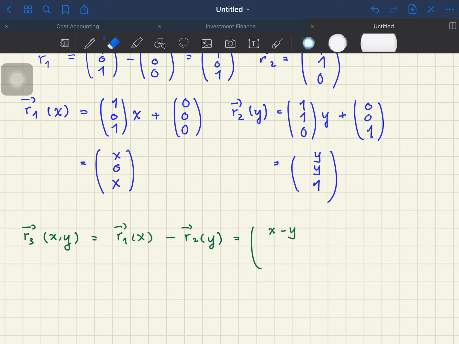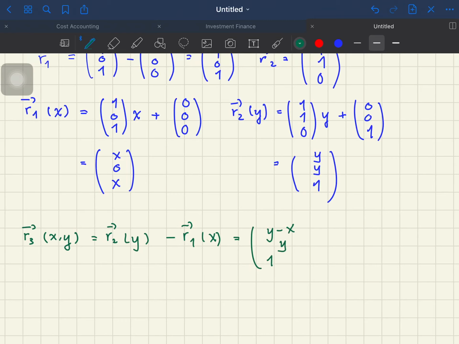Because of negative numbers, I would rather say that this is R2y minus R1x. This will be better. This will be somehow convincing. And then what we have right now is just the single vector R3 in terms of x and y. We do not know what x and y are, but we must know the relationship. We are able to derive the relationship between x and y.